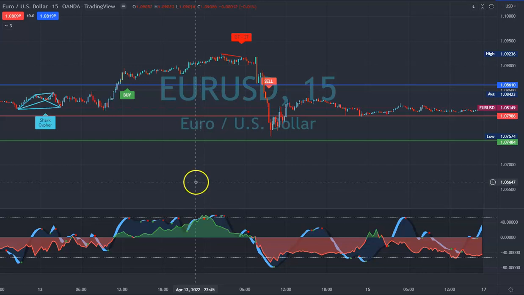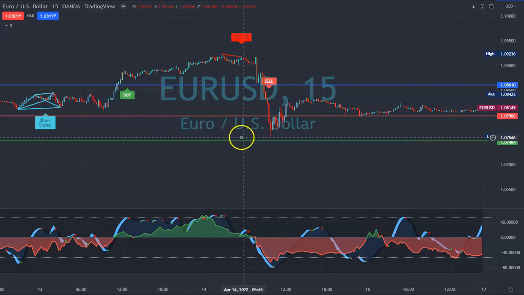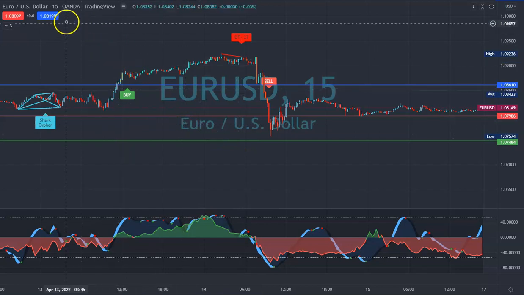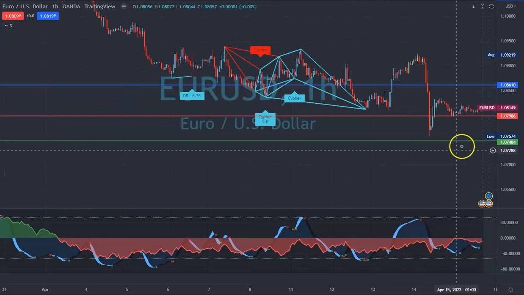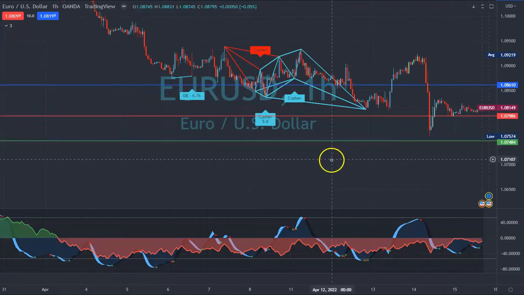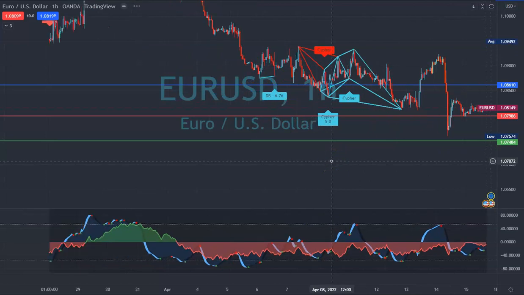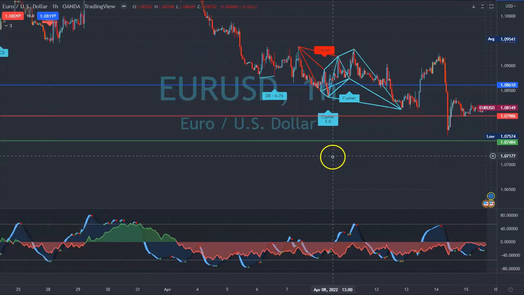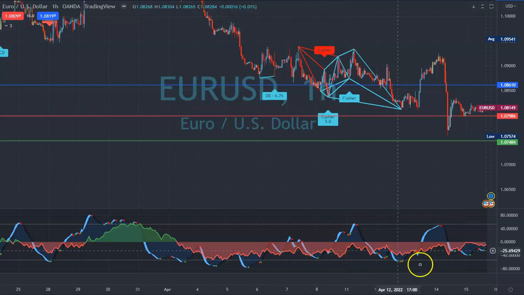So we're in a buy now for Euro USD. Sweet, man. It tapped it. 10 pips is fine. 10 pips off from a 1,000 pip guess. I'll take that any day. That's good enough for me.